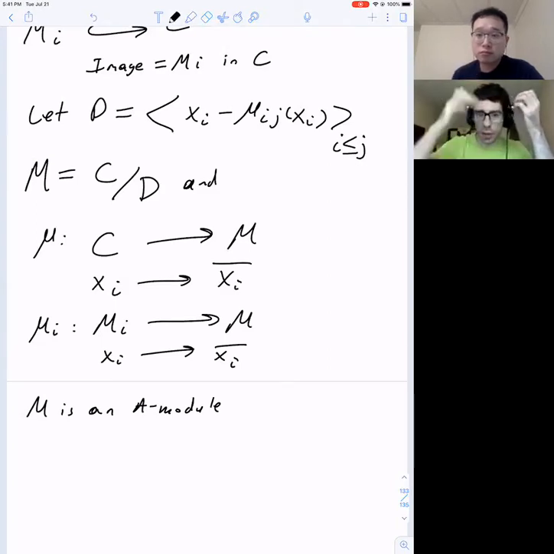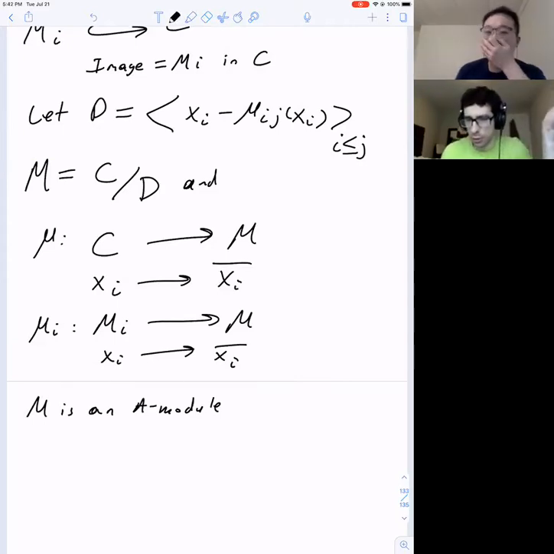Okay, so the proof that M is a module is very simple. We don't have to check much. All of these ideas are very clear. It's clearly a module because it is the quotient of two modules, both of which are modules, so you can take quotients.